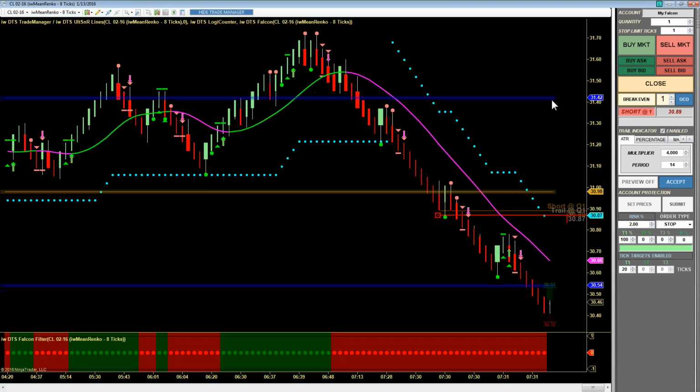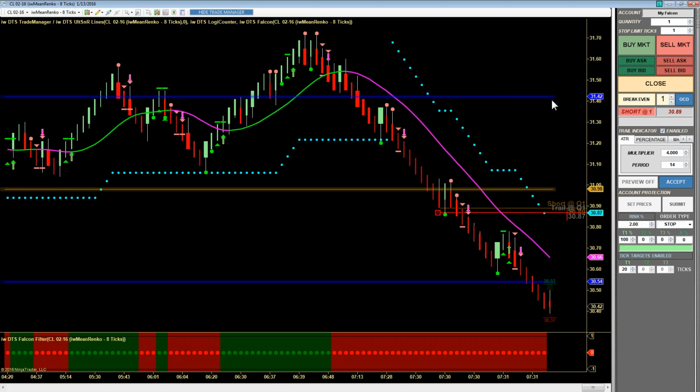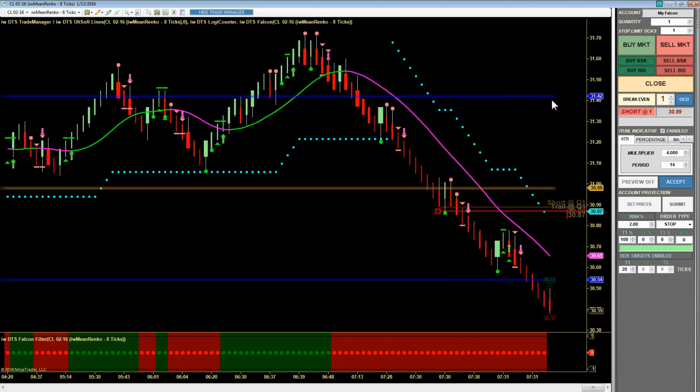The NASDAQ and the mini Dow both trade at $5 a tick. The E-mini trades at $12.50 a tick. This means that I can take at least 2 or sometimes 3 contracts for every E-mini contract that I take.